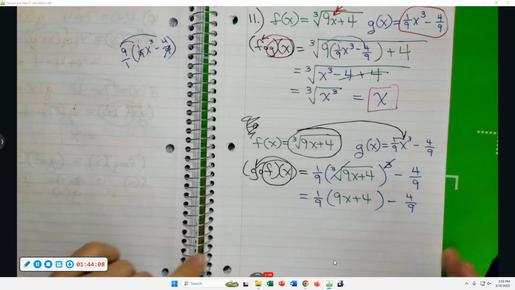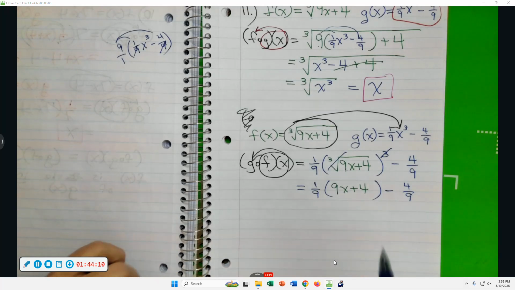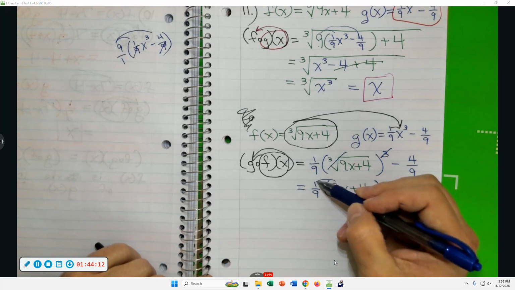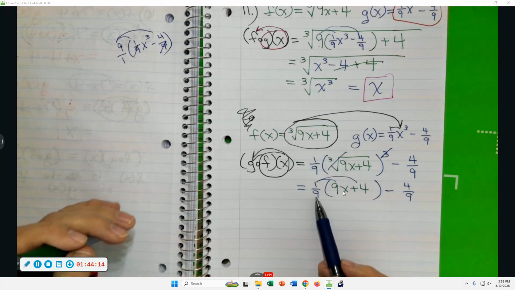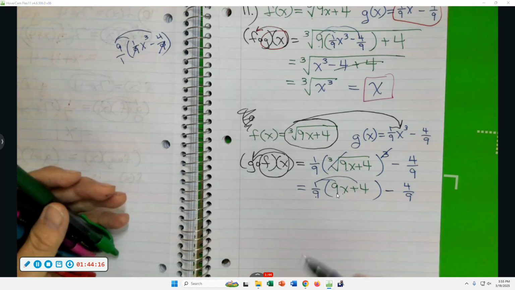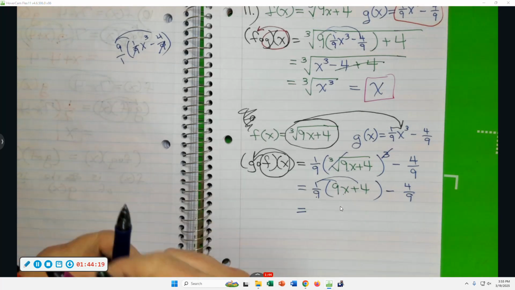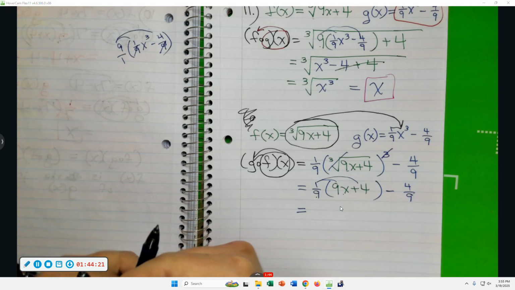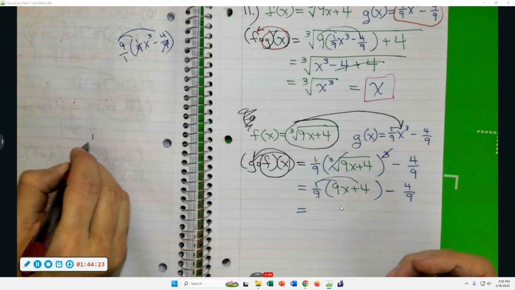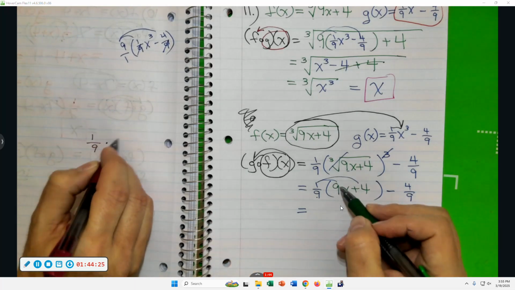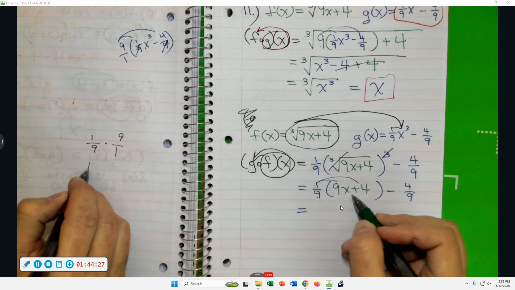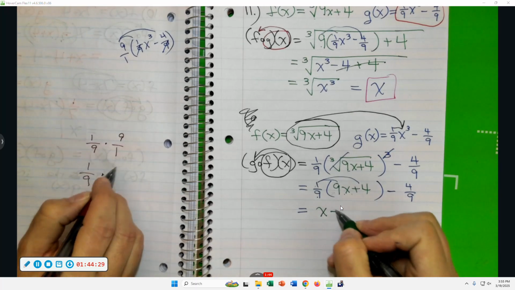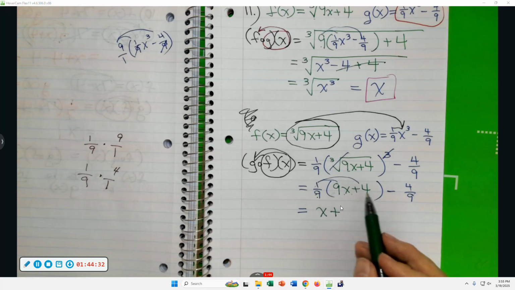Now we need to distribute the 1/9. Multiply here and here. What's 1/9 times 9x? What's that going to give us? 1x. Okay, so the 9's cancel. That'll leave us 1x plus 1/9 times 4.